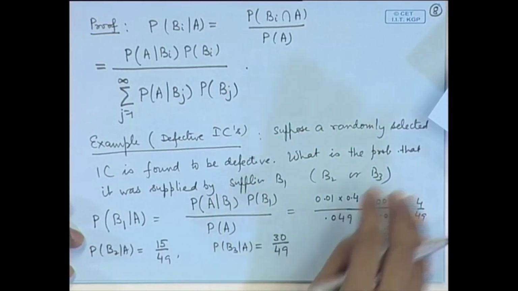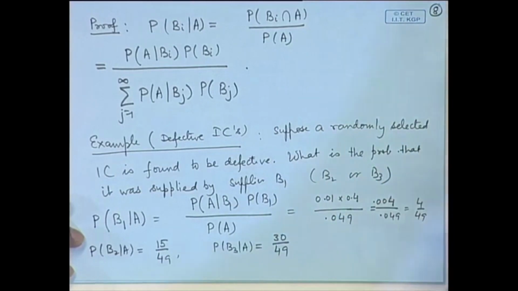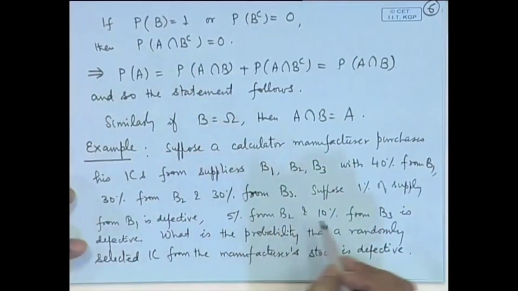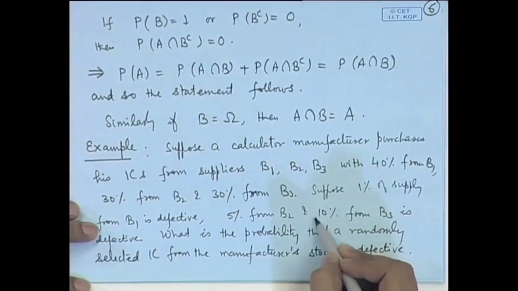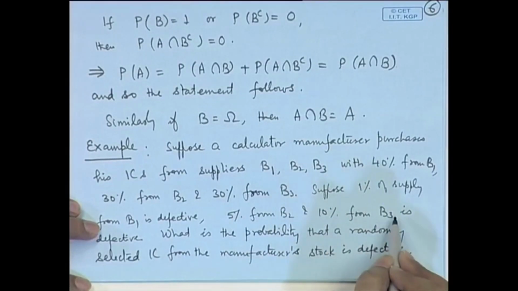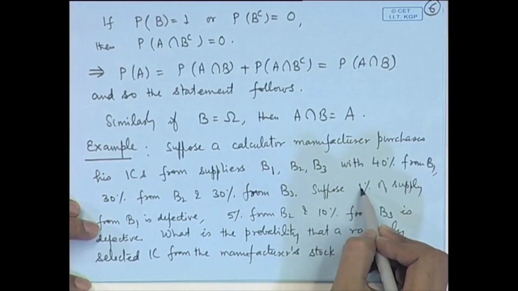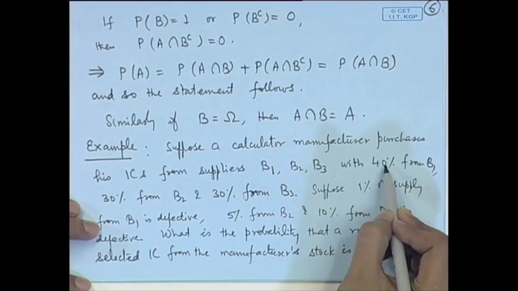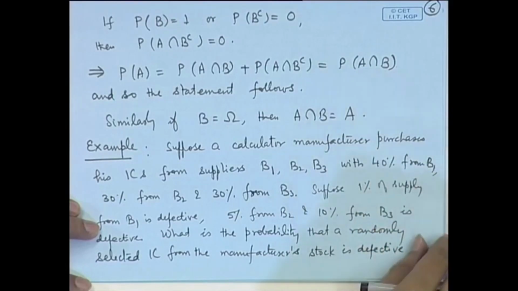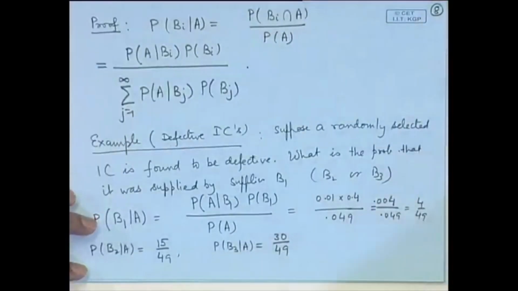The reason being that in the hypothesis of the problem, it has been assumed that more products from the third supplier are defective, which is actually 10%, whereas from the first supplier it is only 1%. So, although more supply comes from the first manufacturer, the probability that it came from him, provided it is defective, is much smaller.